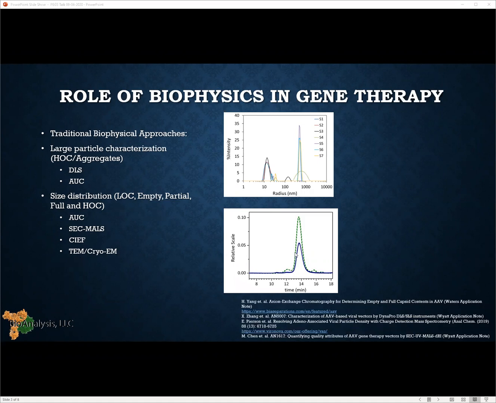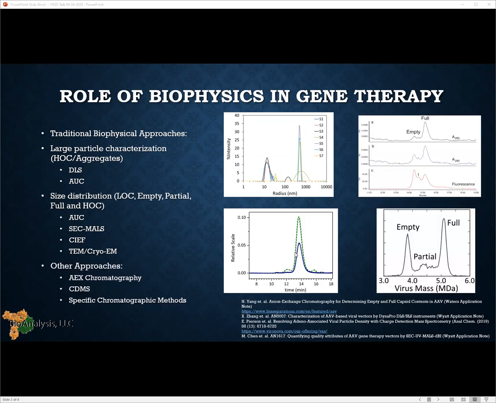However, there's a limitation to each one of these techniques. In this case, you can't really get a good idea of your partial capsids. And it's also dependent on the front end of the MALS, which is your LC. So in that case, it's going to be the limitations of your size exclusion chromatography column.